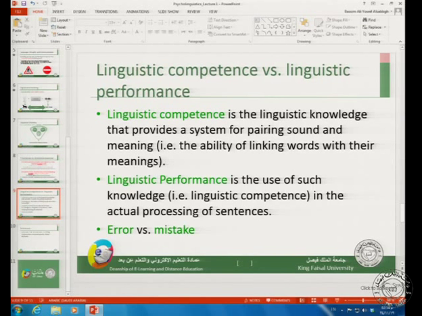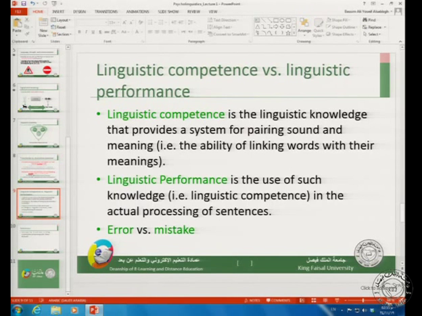You know that the word door means the door through which you get into a certain room. So linguistic competence is the linguistic knowledge that provides a system for pairing sound and meaning. That is the ability of linking words with their meanings.